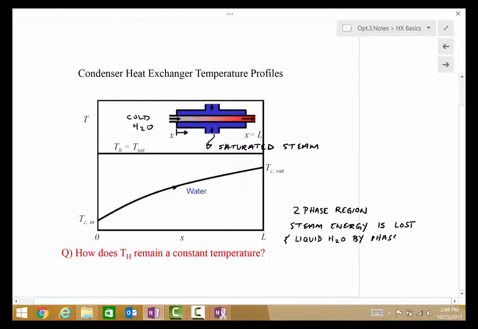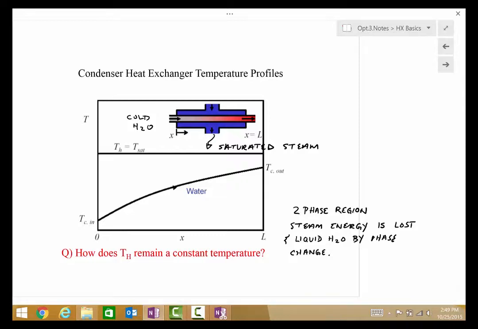So there's a rate of conversion of water vapor to liquid water, and that rate of formation, if you want to think about it as some creation rate of liquid water, and you might think about this as some m dot of liquid water times the heat of vaporization, is the energy that is supplied to the cold water stream.